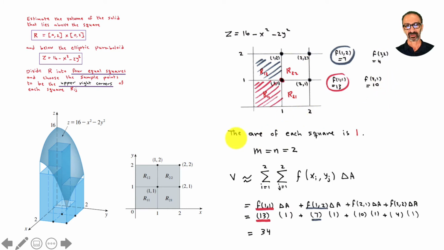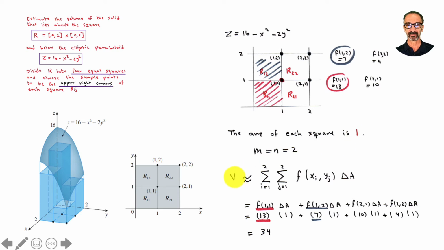Now, the area of each square is 1 unit, because we're taking m and n to be 2, they're equal, and we're dividing it as they told me into 4 equal squares. So each square right here will be 1 by 1, a 1 unit area.